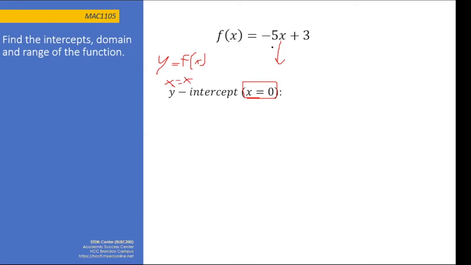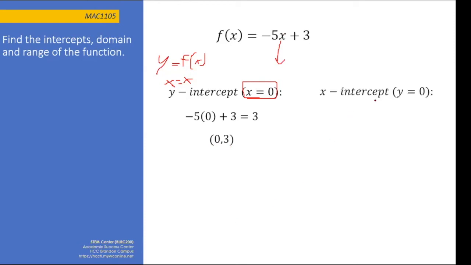I just mean when we put in a point for x, our input goes with the x-axis, our output goes with the y-axis. So back to this problem. We know that the y-intercept occurs when x equals 0, so we put in 0 for x, and we find the output is equal to 3. Therefore, our y-intercept occurs at the point 0, 3.